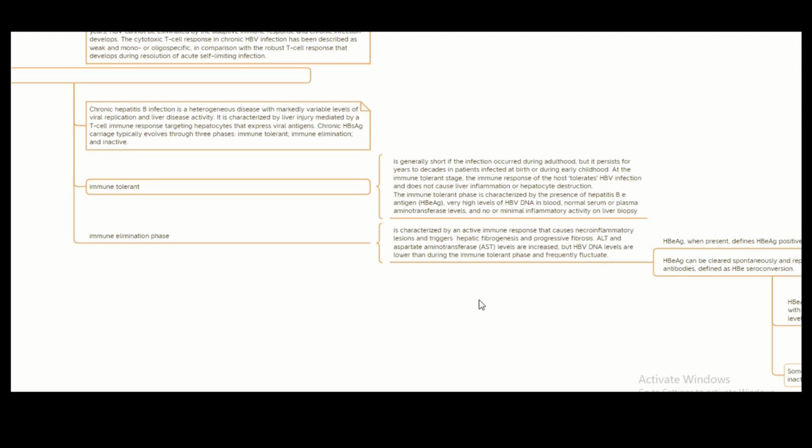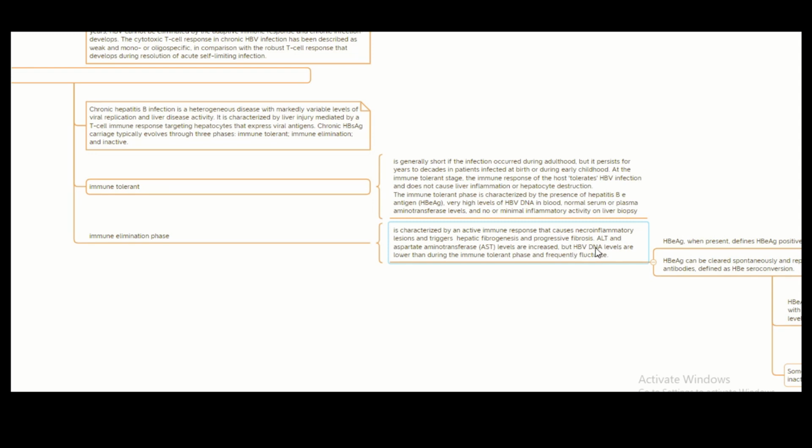This can lead to HBe seroconversion into anti-HBe in the wild type virus. But sometimes you will have mutant virus that have no HBe. This is called HBe negative chronic hepatitis.